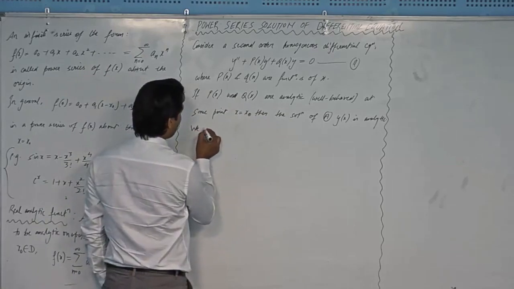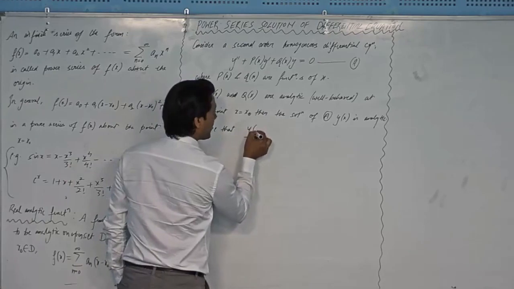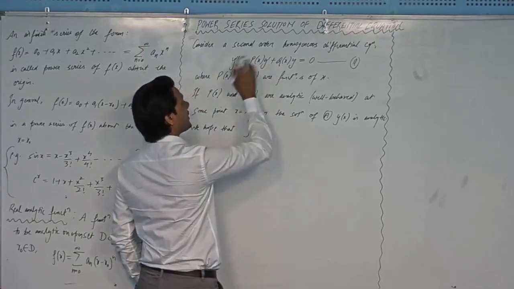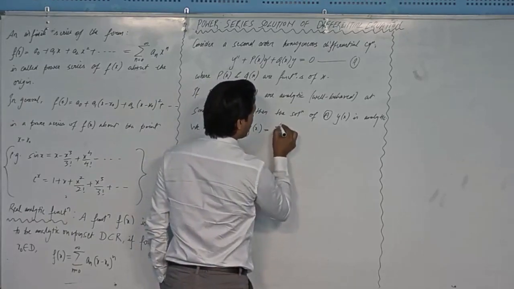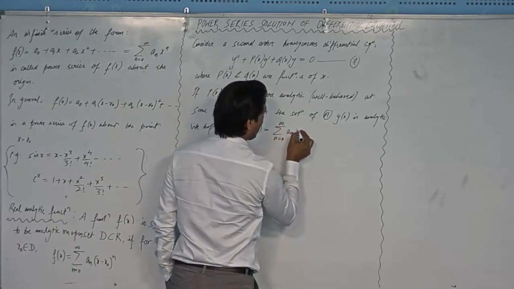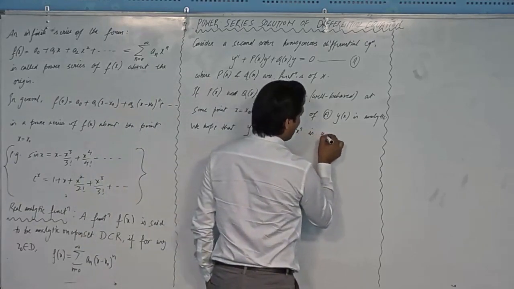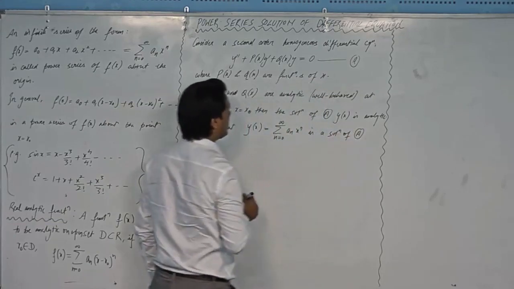So we hope that our solution, that is y(x), right? We know that the solution of differential equation y is of this form, summation n equal to 0 to infinity a_n x to the power n. We hope that this is a solution of A, right?